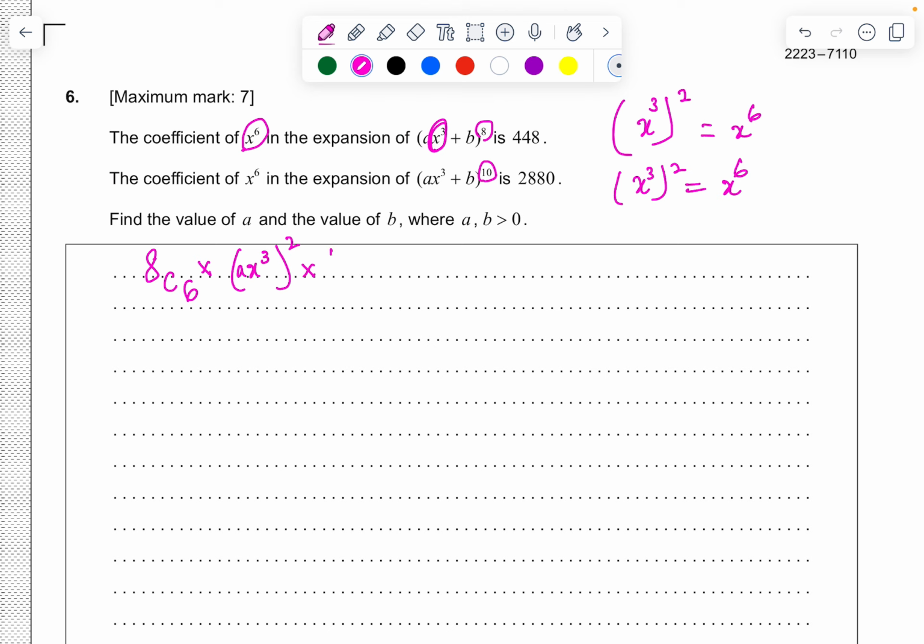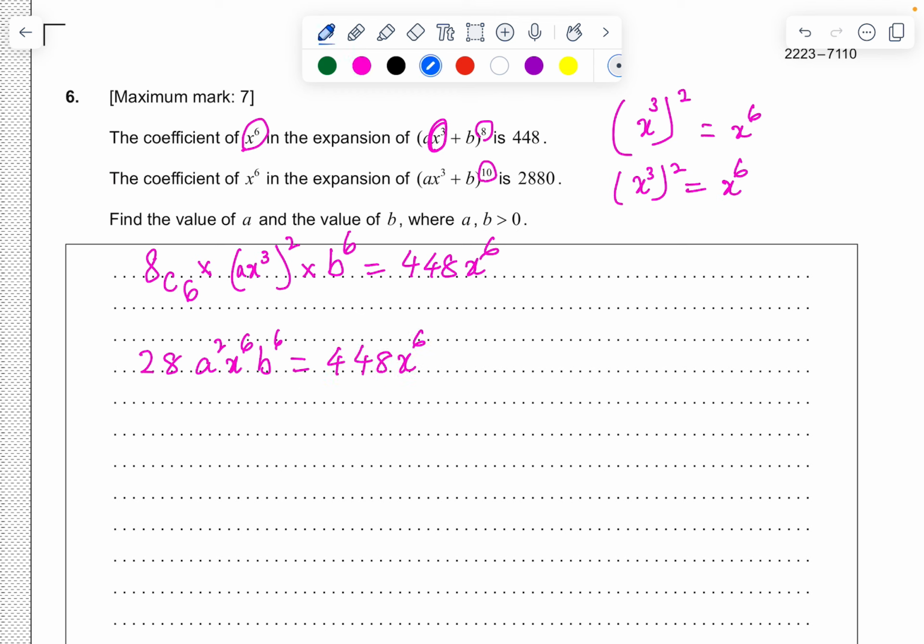Then times b power 6 is equal to 448 x power 6. Now, what is 8C6? 8C6 is nothing but 28, a squared x power 6, b to the power 6 is equal to 448 x power 6.